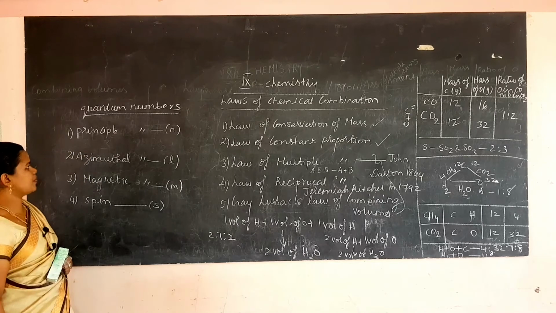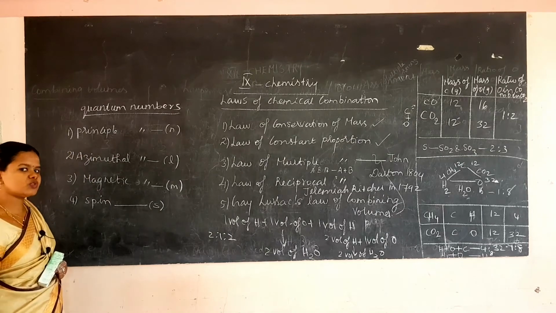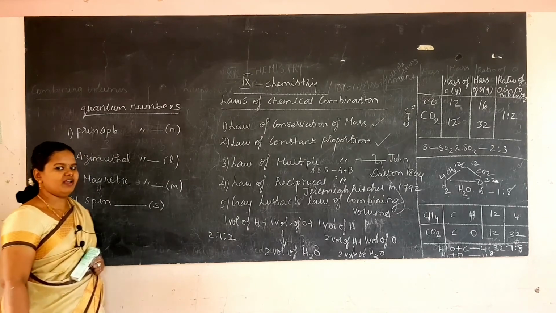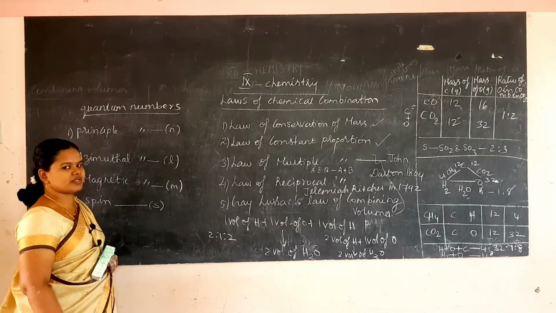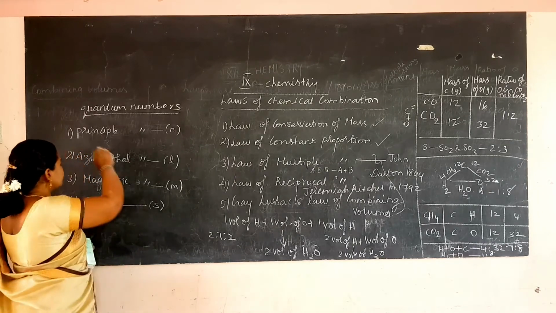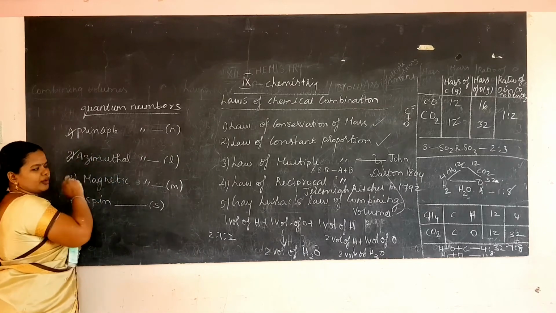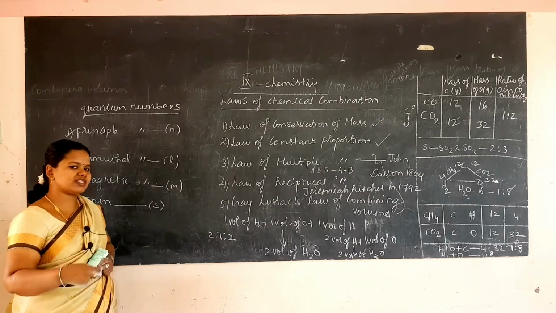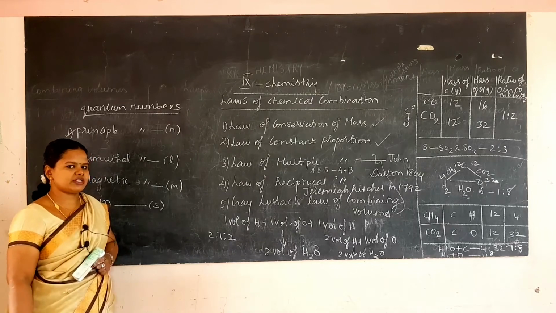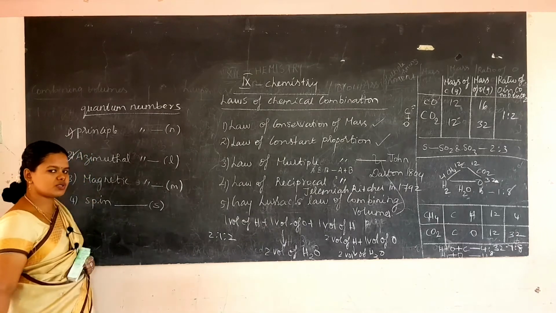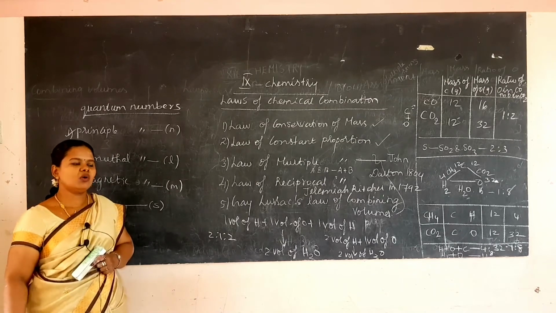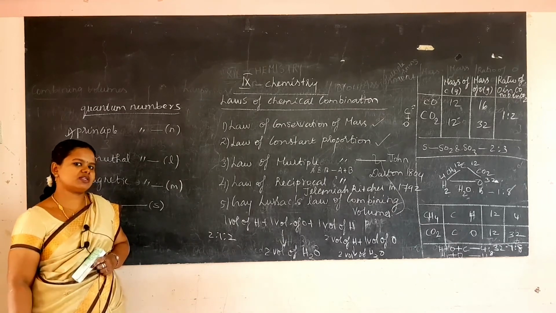Okay, so this principal quantum number is used to describe the major energy level present in an atom or the electrons present in different energy levels. Then this azimuthal quantum number is used to describe the different subshells or orbitals present in an atom. Then this magnetic quantum number is used to describe the orientation of the orbitals.